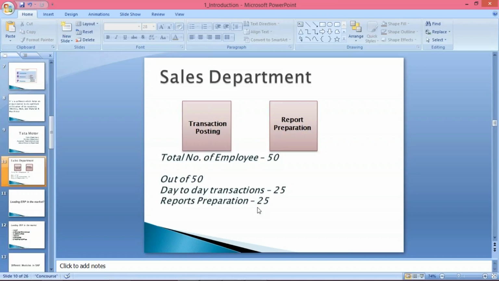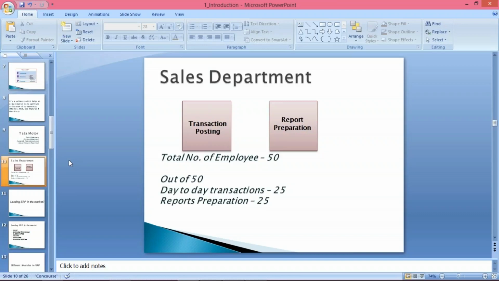So look at how SAP or ERP is going to help Tata Motors or any such organization to make optimum or maximum utilization of its resources. Earlier 50 resources were required. Right now the same activity can be performed by 25. So this is how ERP is going to help any organization to make optimum utilization of its resources. Okay, so this is a classic example of the benefit of ERP.